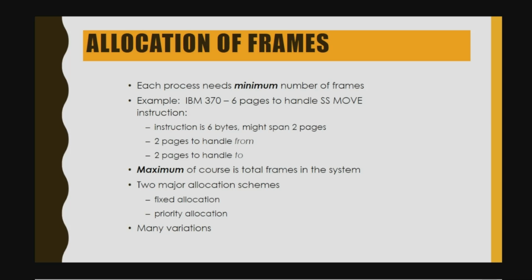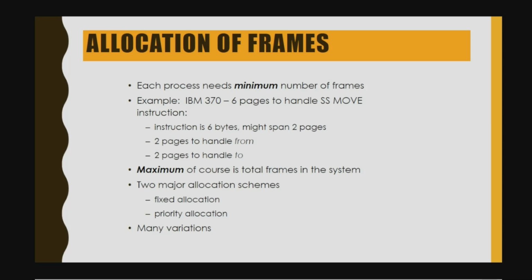The instruction is 6 bytes in size and might span 2 pages, so 2 pages to handle the from and 2 pages to handle the to. The maximum, of course, is the total frames in the system. And there are 2 major allocation schemes, fixed allocation and priority allocation.